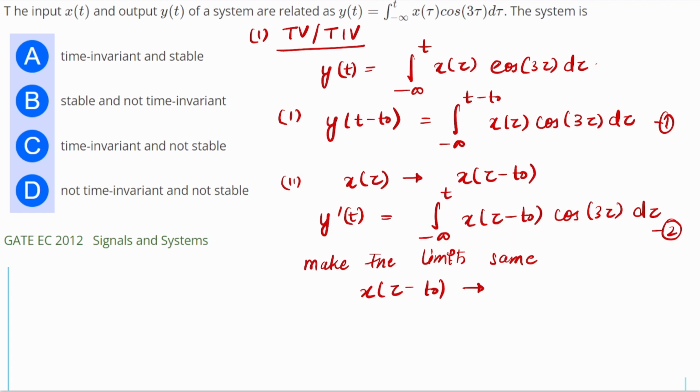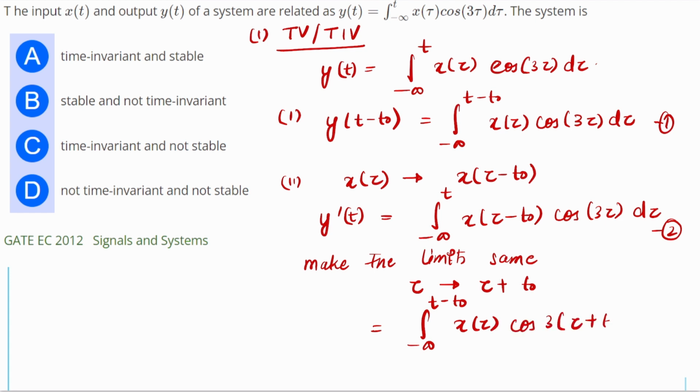We will shift. Instead of tau, I am writing tau plus t naught. So it will be minus infinite to t minus t naught, x of tau cos of 3 tau plus t naught d tau. That's how the limits will be changed.